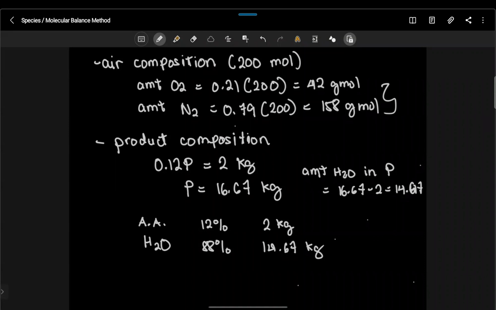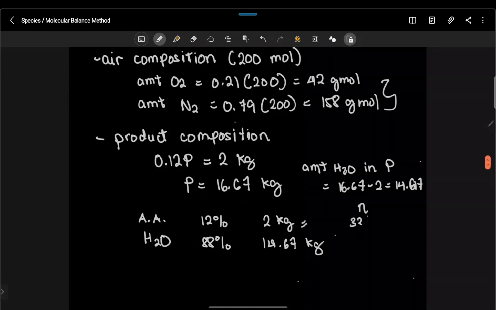Anyway, we need also the molar amounts. Okay? So in terms of moles, N, so what you have to do is to convert yung 2 kg of acetic acid into moles. So kapag sinabing moles, okay, yung 2 kg magiging 33.33 moles.